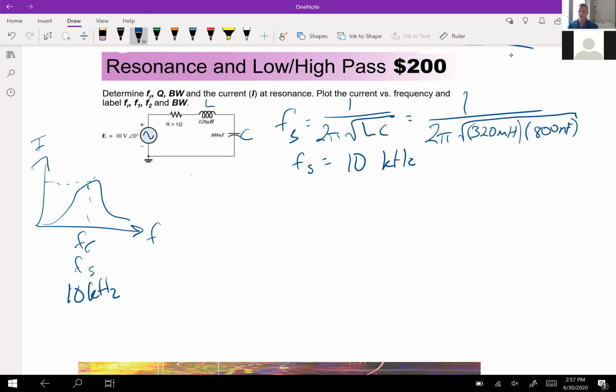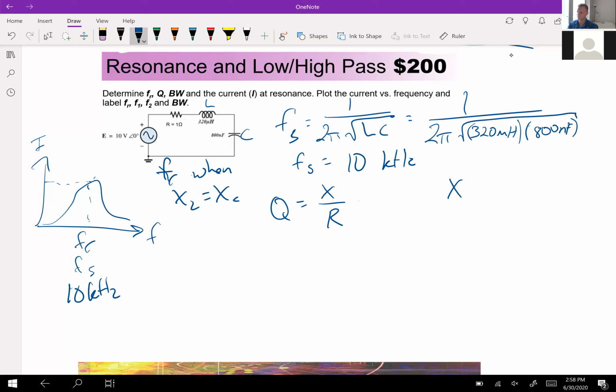So the next one is that we need to solve for Q. Well, Q is equal to X over R. And I said the resonant frequency is where XL equals XC. So if I'm at the resonant frequency, then I can use either XL or XC.